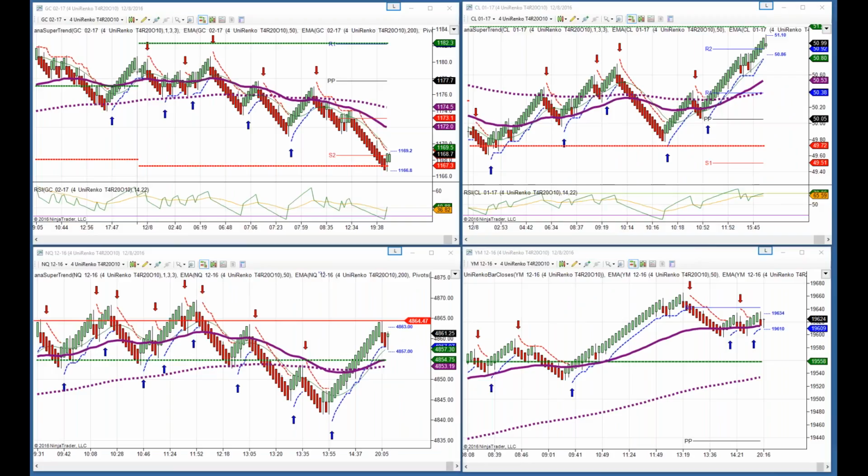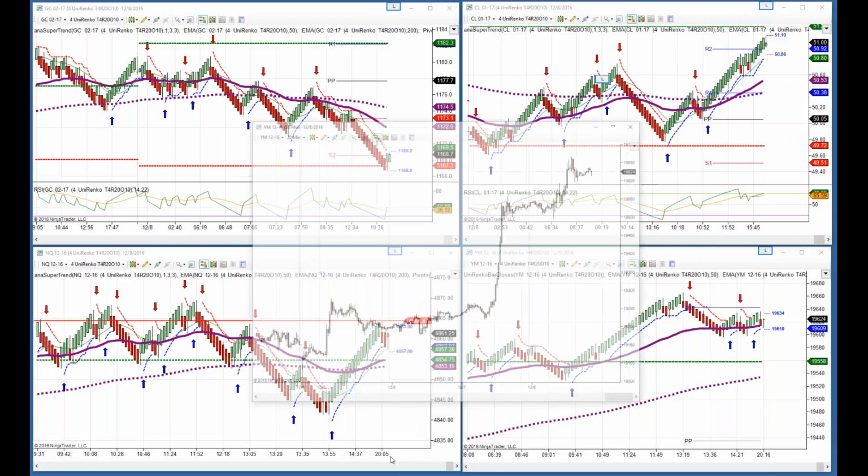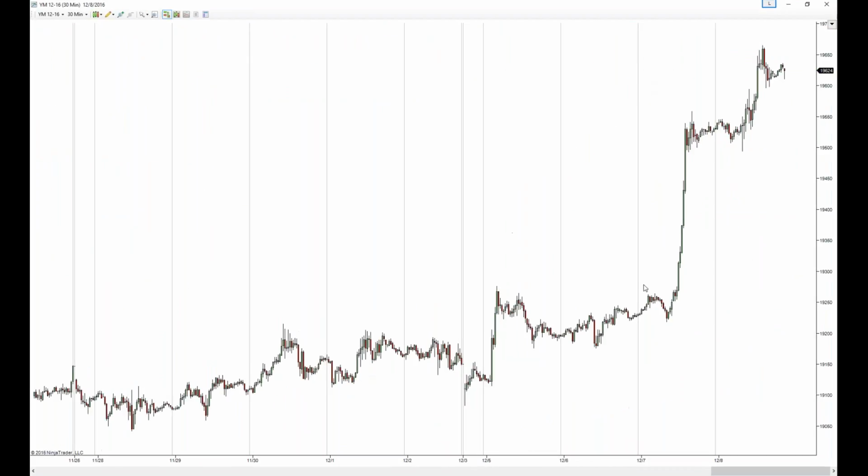Next, let's look at the 30-minute YM chart. Okay. We've been rocking and rolling to the north on the YM for some time now. We were gradually going until the other day when it shot up 300 points or whatever it was. 300 ticks. Nice big move to the north.